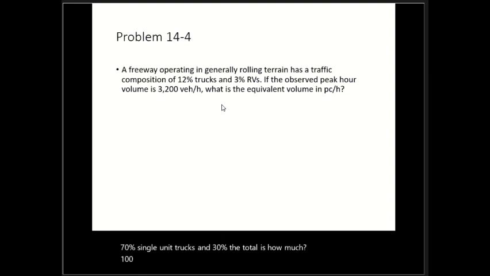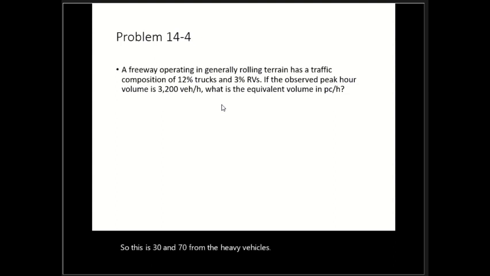Where are the cars? All trucks? Where are the cars? Because here we calculate only for heavy vehicles. We are talking about percent heavy vehicles. So this is 30 and 70 from the heavy vehicles.